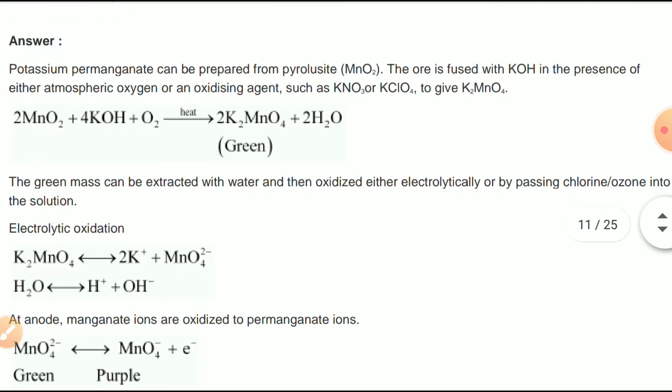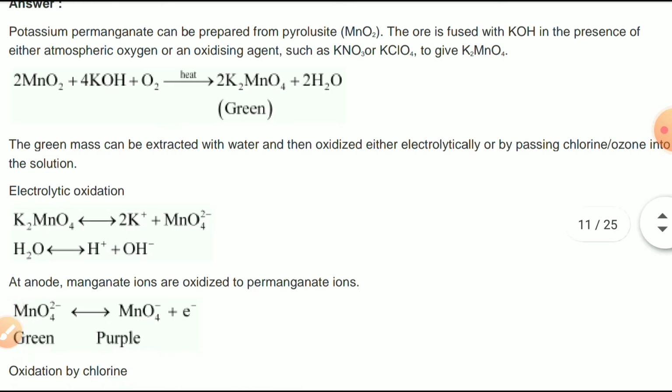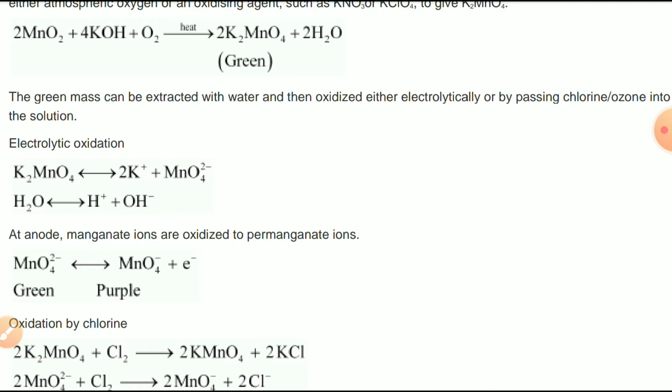Along with it, it is giving 2 K2MnO4 plus 2 H2O. Now this K2MnO4 is going to produce MnO4 2 minus ion, and this MnO4 2 minus ion is converted into MnO4 minus ion.